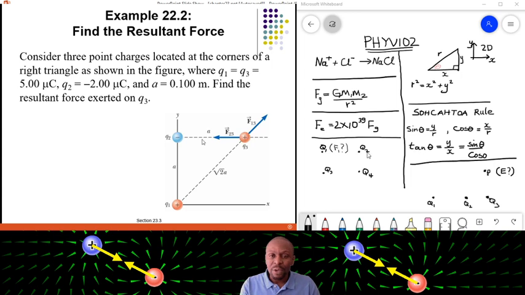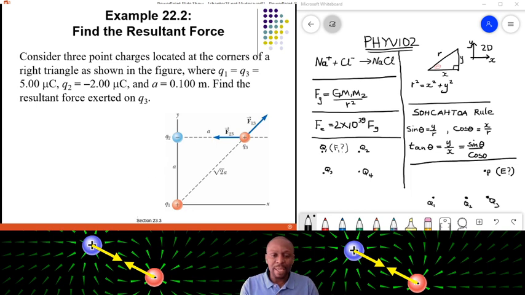Now, for Q2 and Q3, the force between them will just be an attraction, because this charge is negative and this one is positive. Because the question asks for the resultant force on this charge, F32 is just going to be the force pointing in the other direction there.